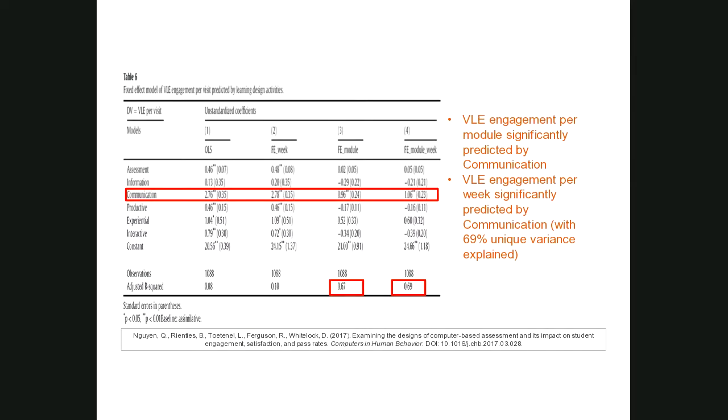The week-by-week analysis shows a really interesting picture: if you see the R squared on the right-hand side, the way our teachers are designing courses is 69% predictive of what our students are doing. If you think about it, this is an amazing result.